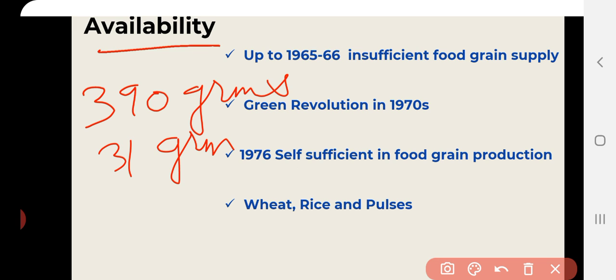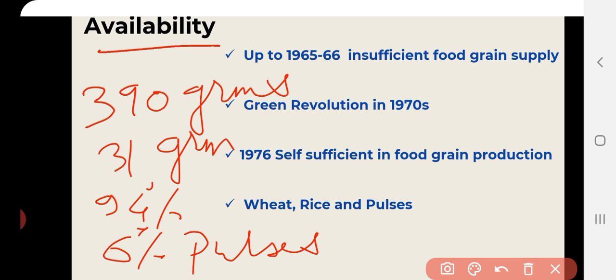And in the total production of food grains, 94% of production comprises cereals, and only 6% of production we do for pulses.